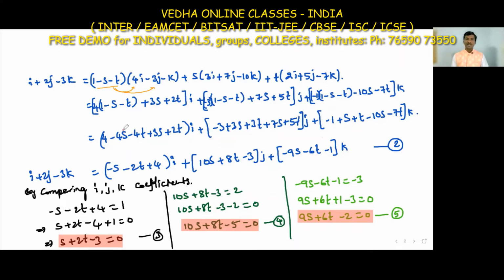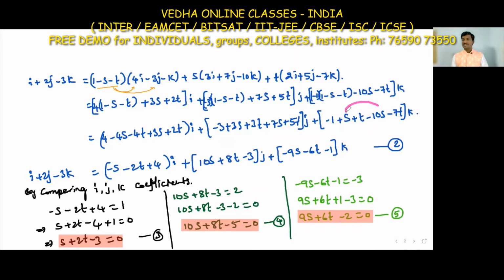Adding the i coefficients: minus 4s plus 3s is minus s, minus 4t plus 2t is minus 2t, and plus 4 as it is, into i. Now add the j terms: 3s and 7s is 10s, 3t and 5t is 8t, and minus 3 as it is, into j.